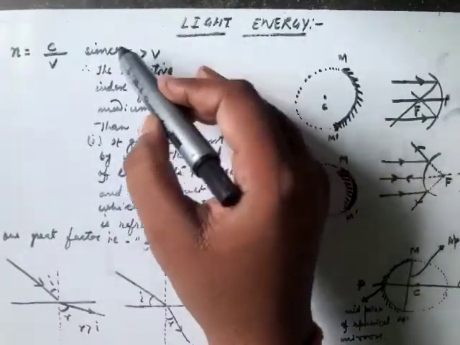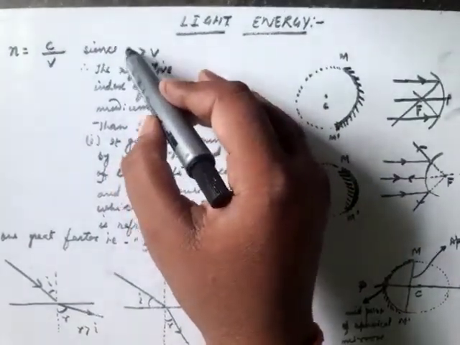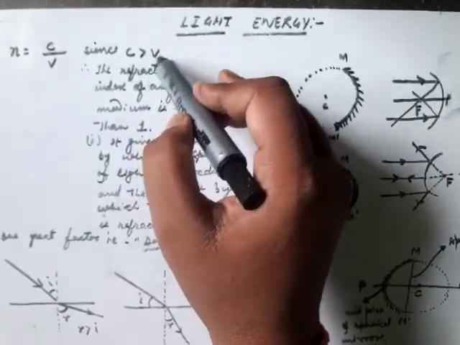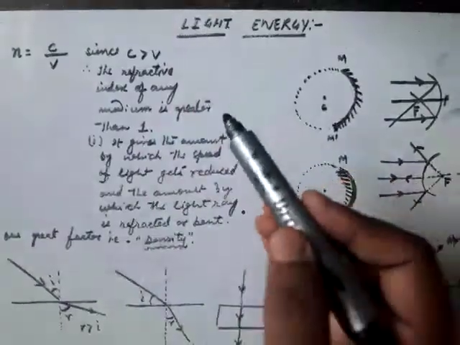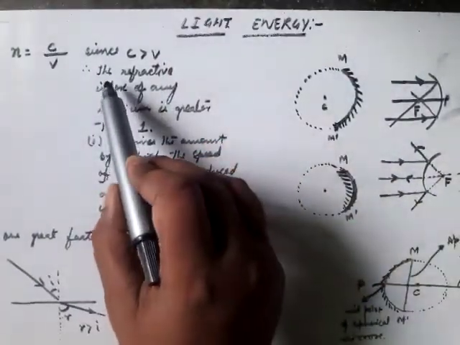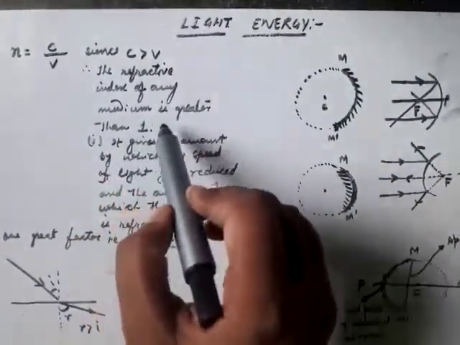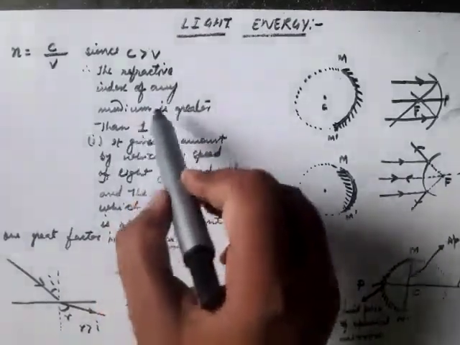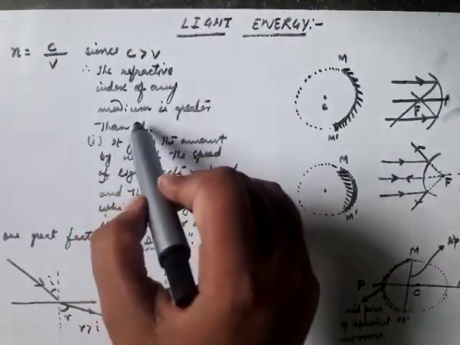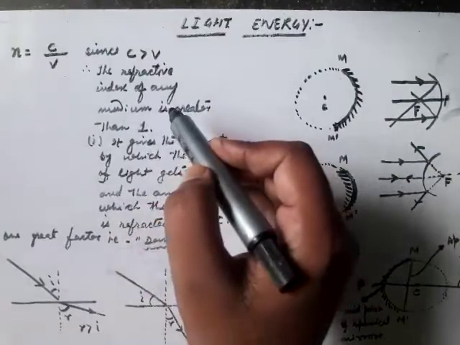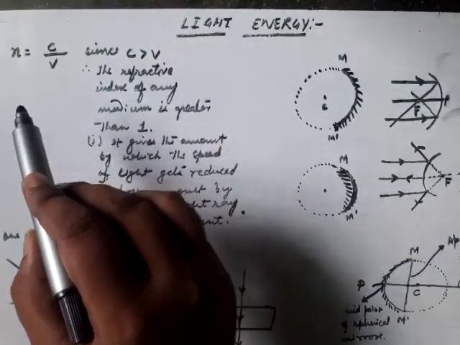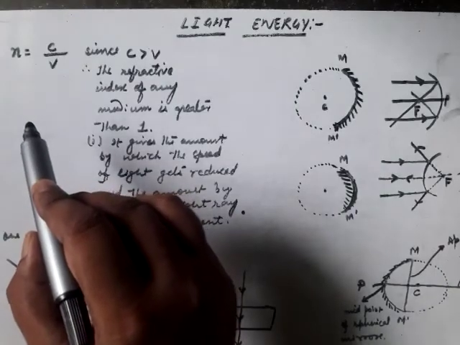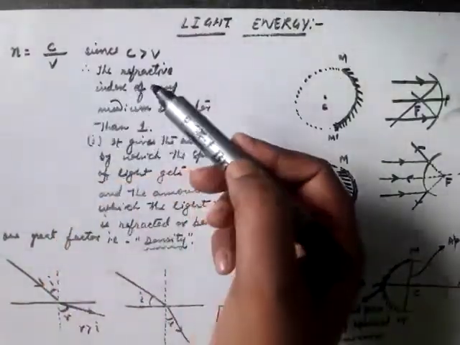Since the speed of light in vacuum is greater than the speed of light in the medium, the refractive index of any medium is greater than 1. The refractive index of glass is greater than 1, and water is also greater than 1.